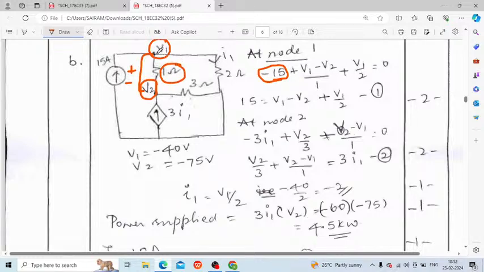So this is V1, here there is a voltage V1, this voltage will get divided by 2, right? Okay, so it is equal to 0. So now what happens is that you get 15 is equal to V1 minus V2 plus V2 by 1.